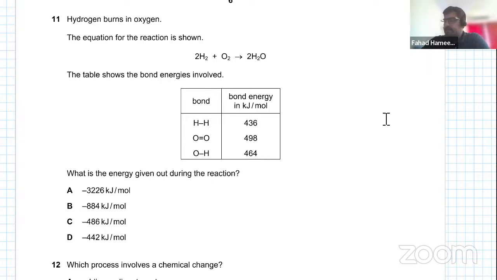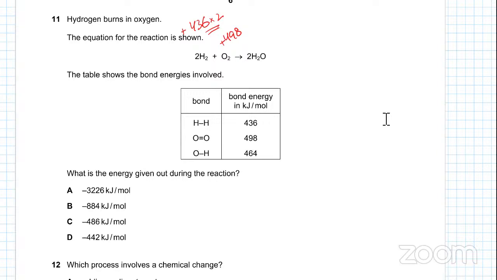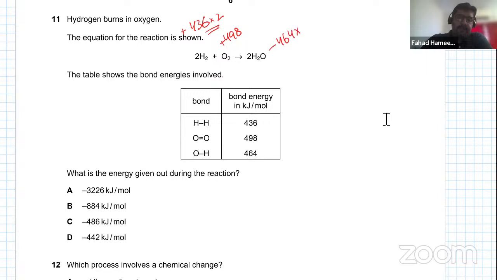How many bonds are broken? 2 times 436 for H-H, and then the O=O double bond, that's 498. And then how many bonds are formed? That's 464 times 4, right?